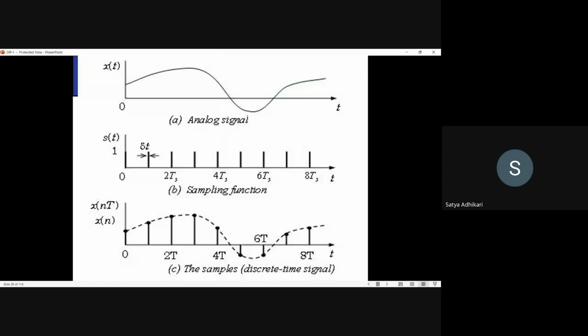Then the amplitude is found by the method of quantization. After getting the two, you can draw the digital image. You see there's the corresponding digital image of that analog signal.